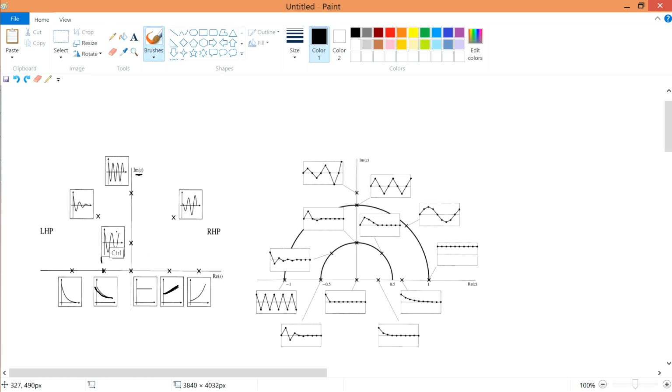Now if we extend to, for example, this point over here, this is a combination of the decay and the oscillatory part, because the imaginary part is oscillatory, while if you go to this side, it's going to decay.